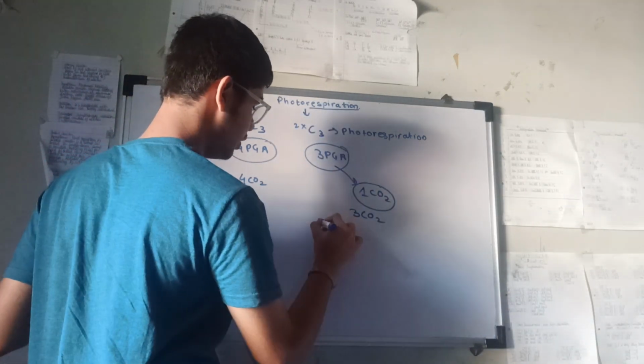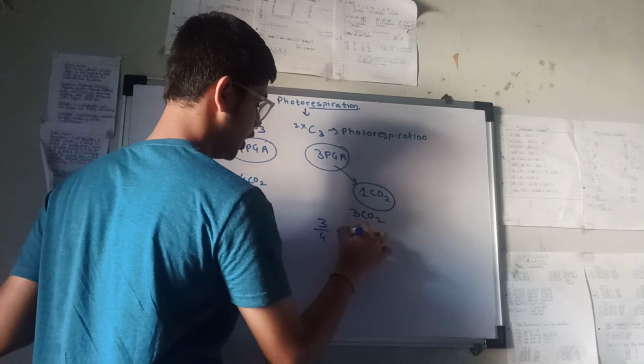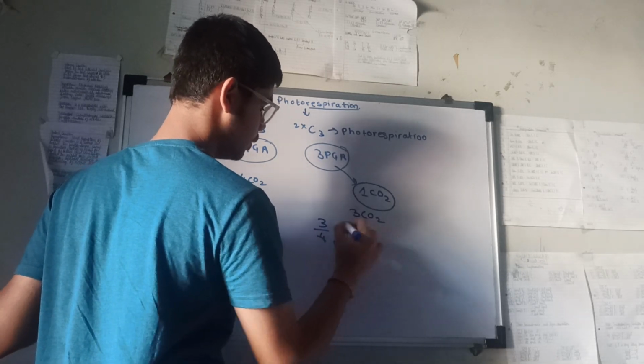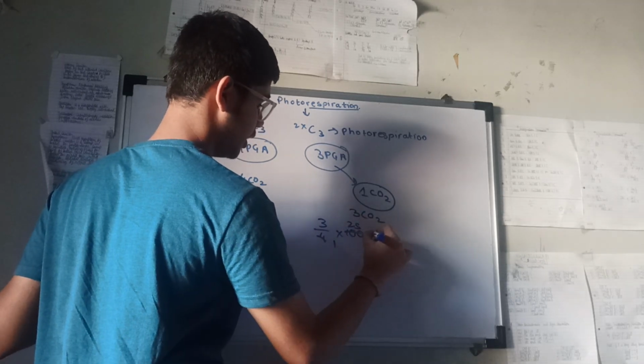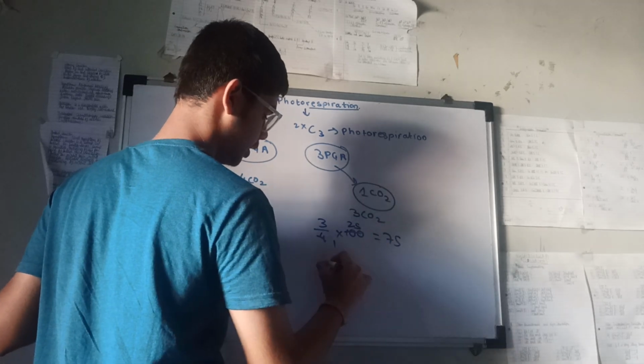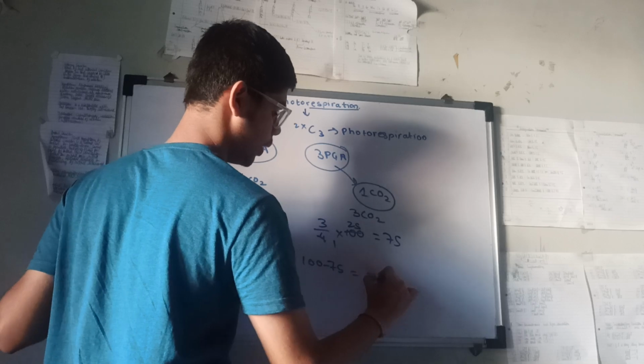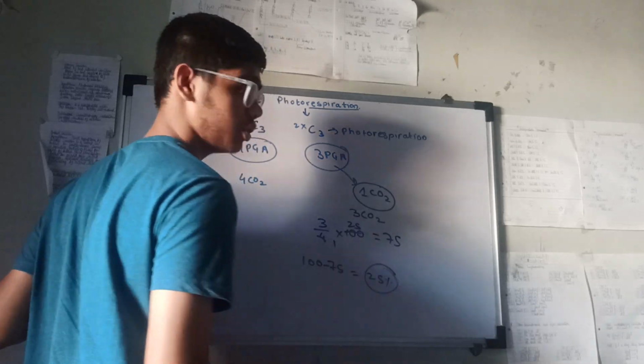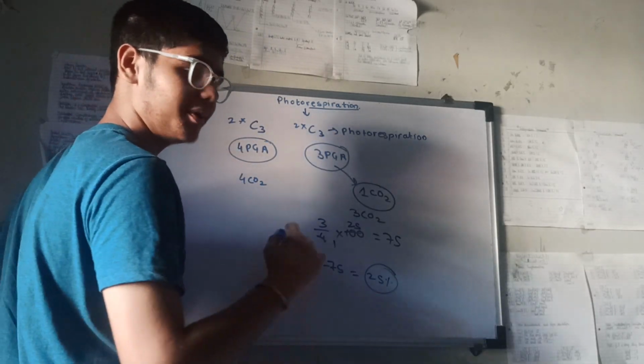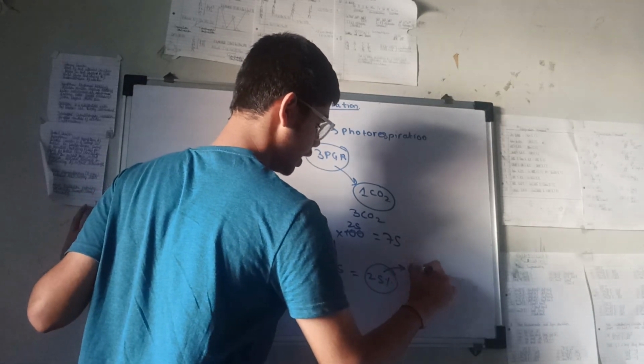So now 3 by 4 of 100%. So what will I get? 75. So 100 minus 75, 25% carbon dioxide is lost.